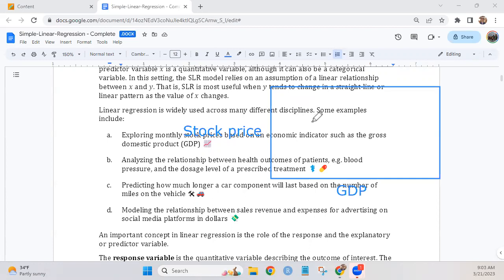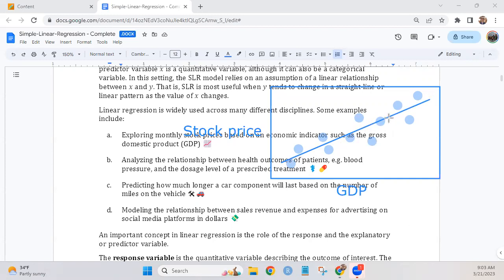Let's see how this would look. We said as GDP goes up, so as GDP increases, the stock price would tend to increase as well. And then linear regression involves estimating this line of best fit through these data points. So this, we decided, has a positive slope.